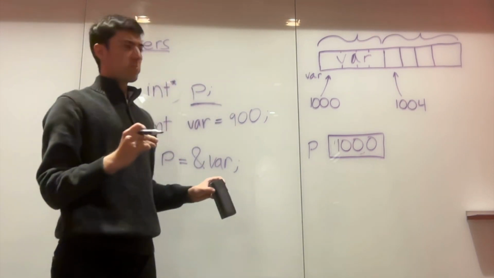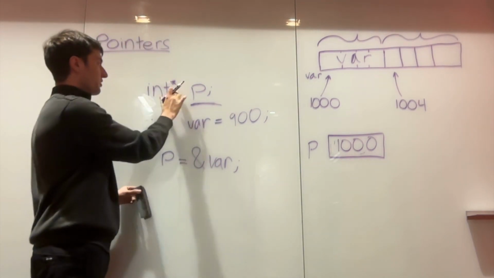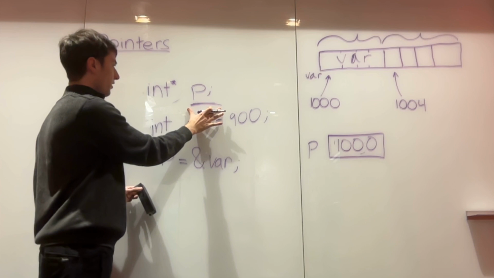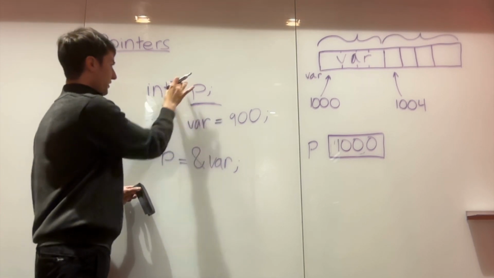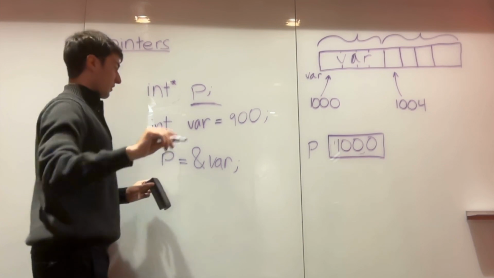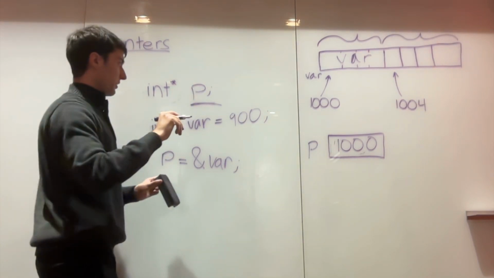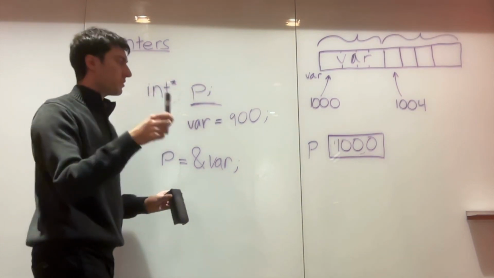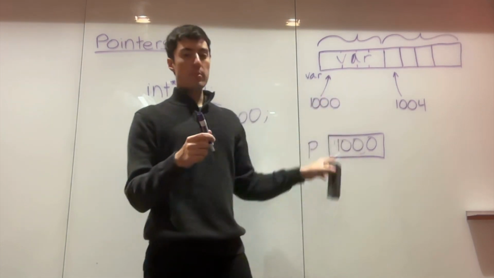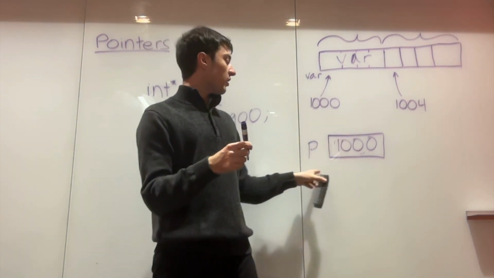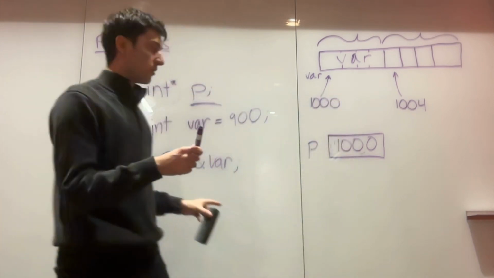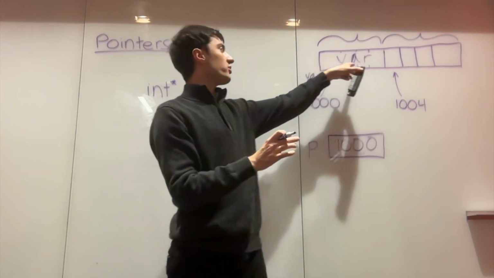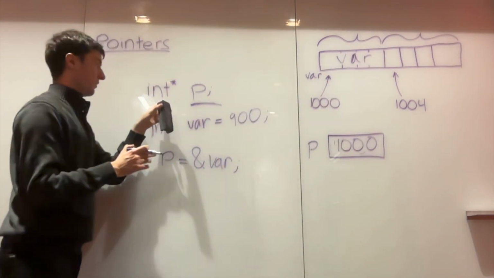Okay, now why did we say int? Why during this declaration of p, we say, okay, well, a variable just got declared, and I see that this right here has a star, which means it's a special declaration? Well, it means that it is a pointer. And what type of pointer? What is going to live at the memory address which this variable contains? Well, it's going to be an integer, right? So var is an integer, and we put an integer here, and that's why we have int, okay?